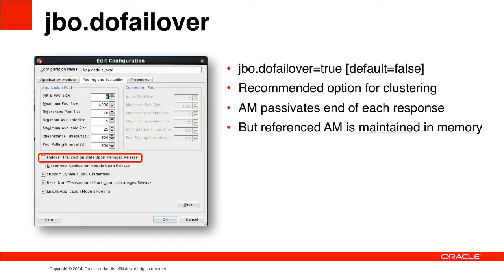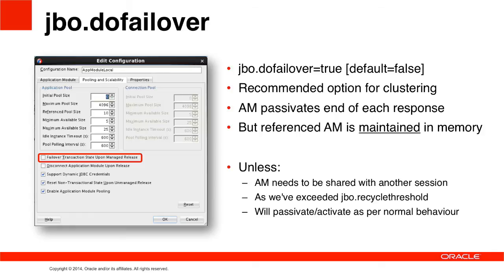However, if the system does hit load, just like previously as we described, the application module pool can also choose to completely offload an application module to the passivation store, then reuse the application module for another session's request, and reactivate the state when the original session returns. So the JBO.do_failover equals true mechanism is complementary to the default passivation behavior. It doesn't override it.